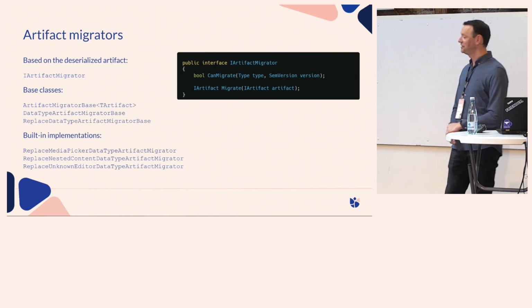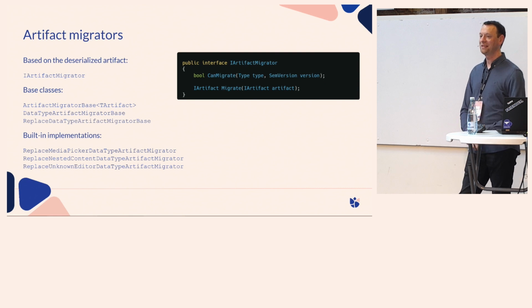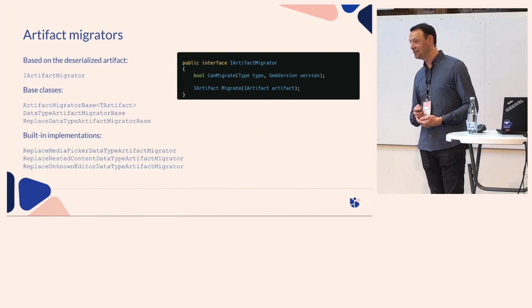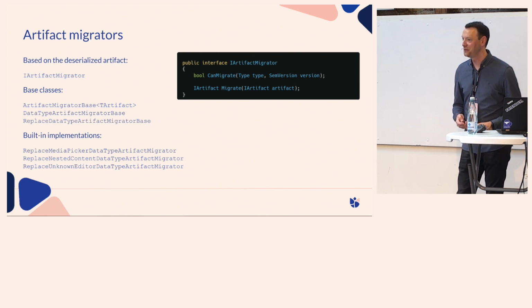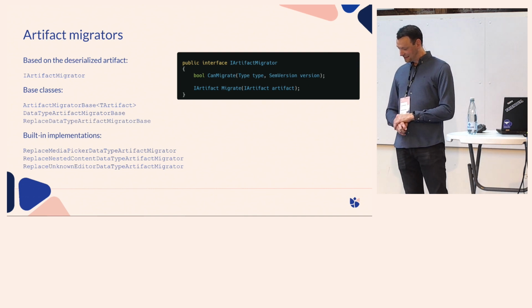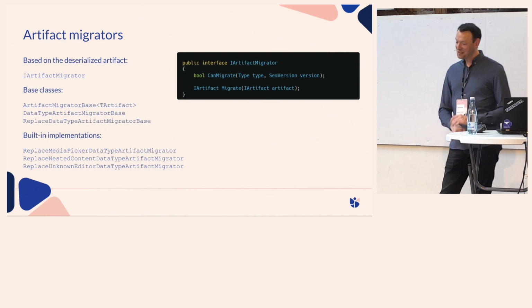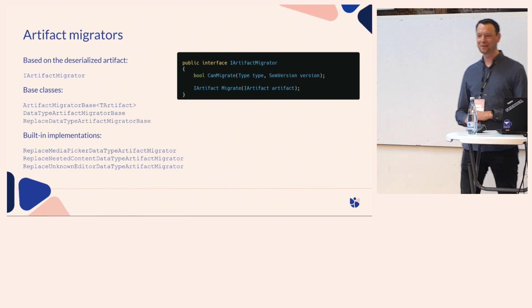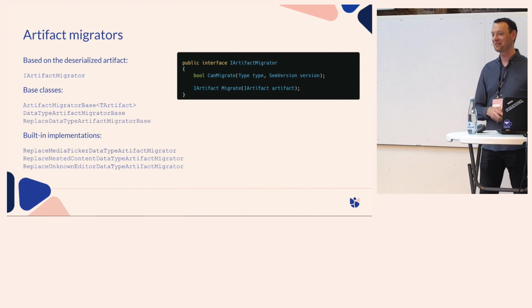So to make it easy for the built-in property editors in Umbraco, we've already made implementations for replacing the legacy media picker into the new media picker with crops. We also have the nested content data type migrator that migrates your data types into a block list.